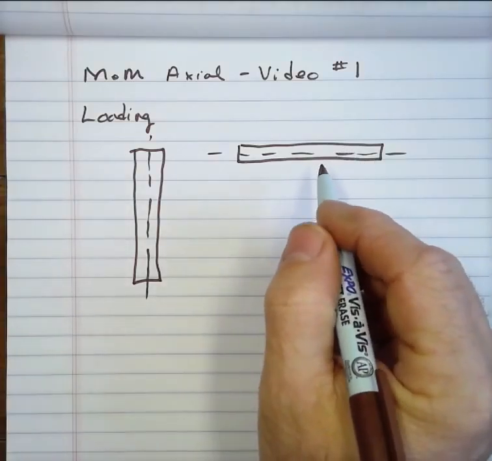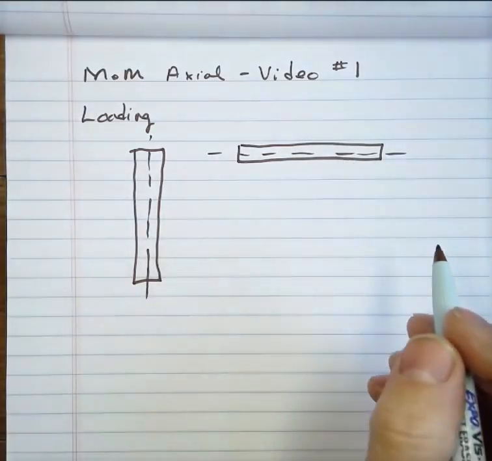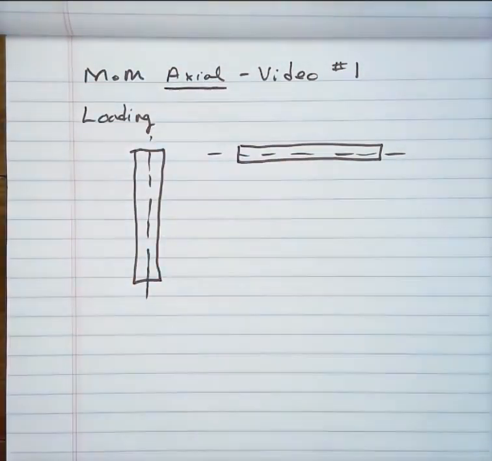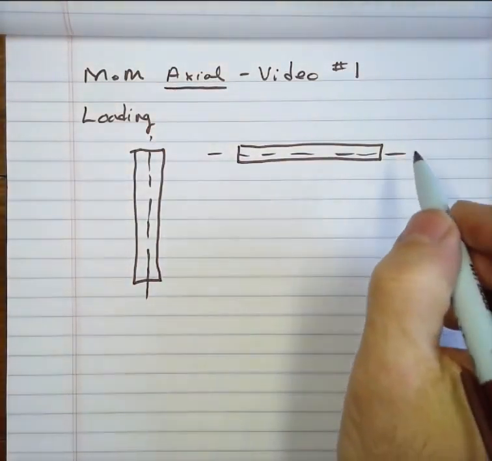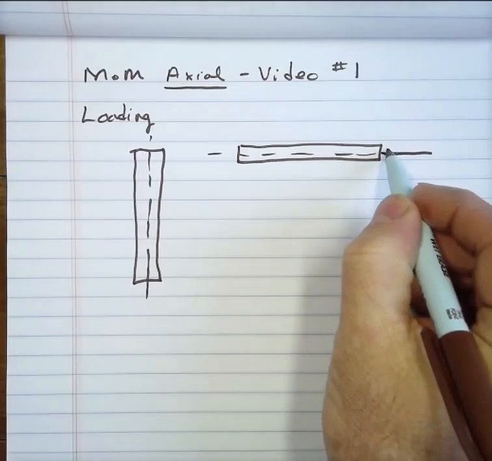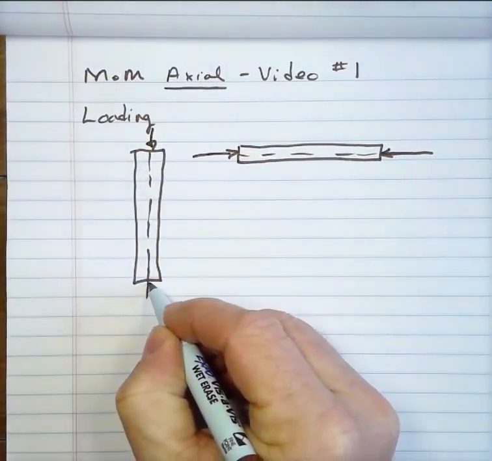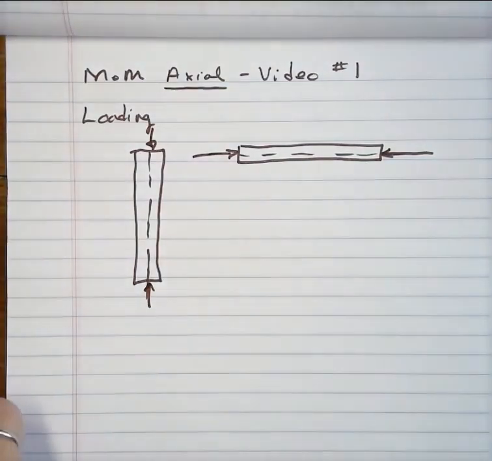So since that's what we refer to as the primary axis, that's what we're talking about with axial loading, is any loading that is along the primary axis.